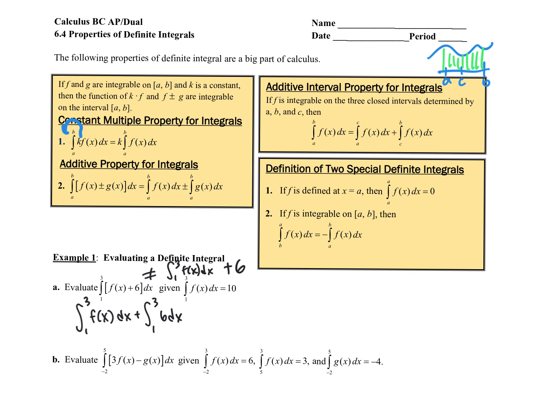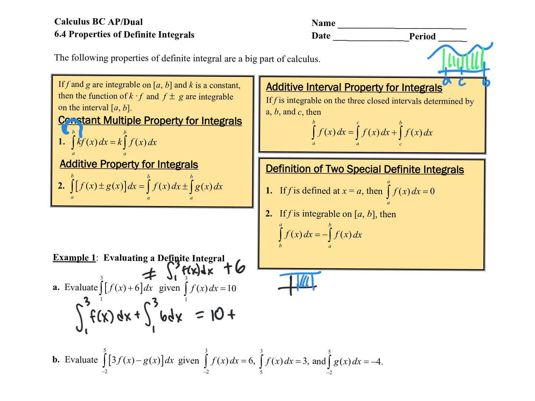So we know that the integral from 1 to 3 of f is 10. And this integral we can find very easily. We did this yesterday. What is the graph of 6 going to look like? Just a horizontal line at 6. So if you were to imagine what that looks like, we want the area from 1 to 3.